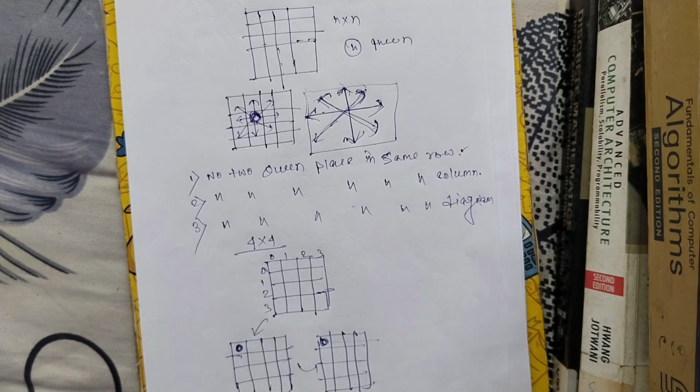This is the diagonal, so there is no place either. Yes, here there is a place, because it is not the same row, not the same column, and also not the same diagonal.